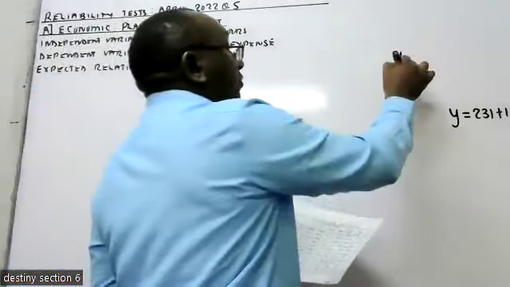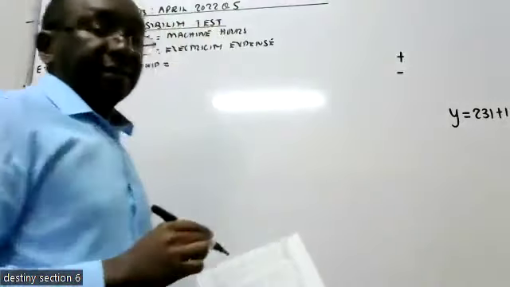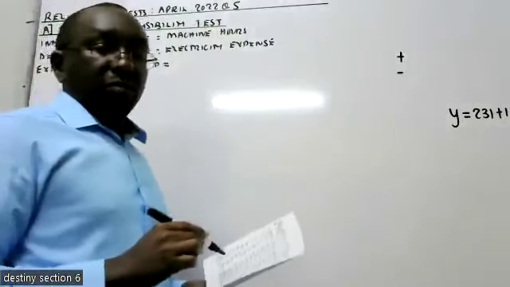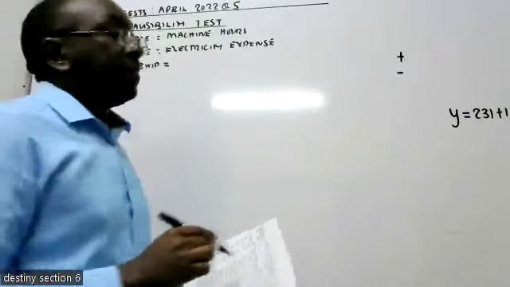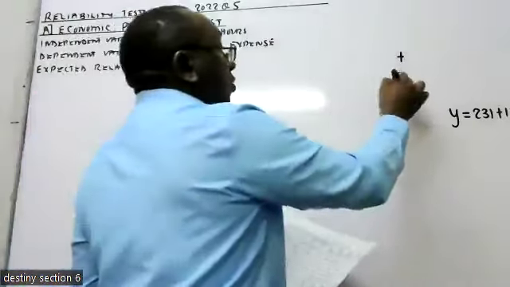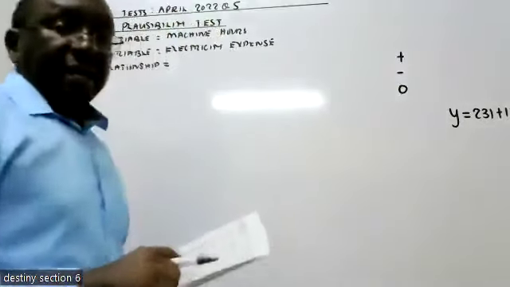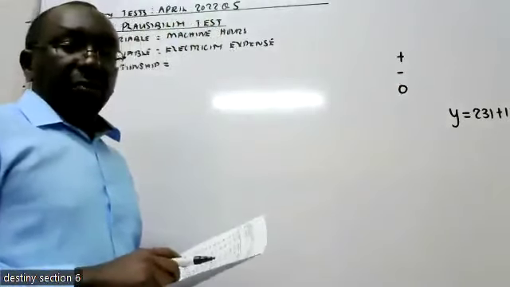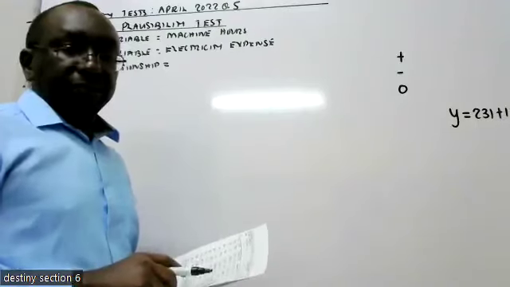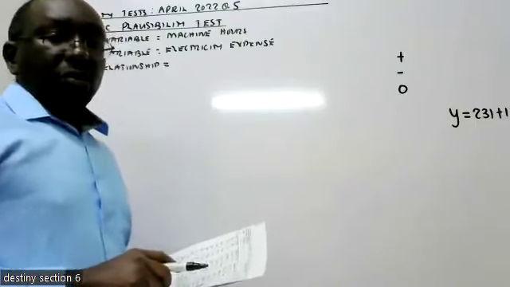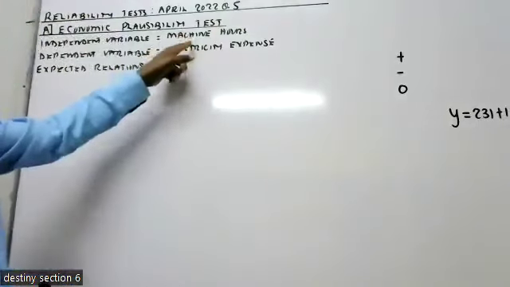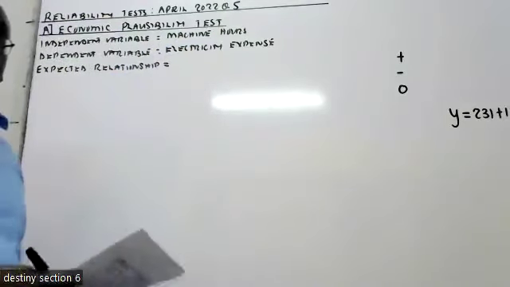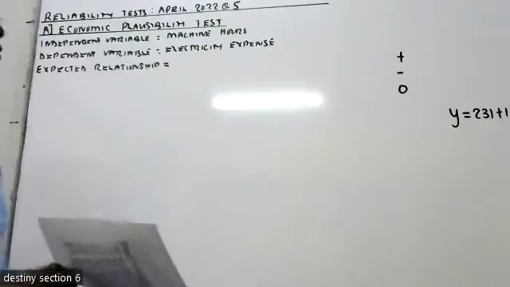We have the negative one, which we call inverse, and they move towards opposite directions. And then we have 0, which we call null, where there is no relationship. Now, what kind of a relationship would you expect to see between machine hours and electricity expense? Let me see your response.